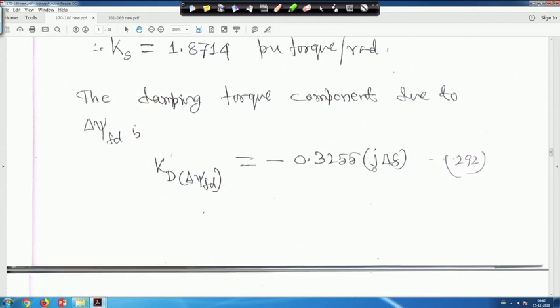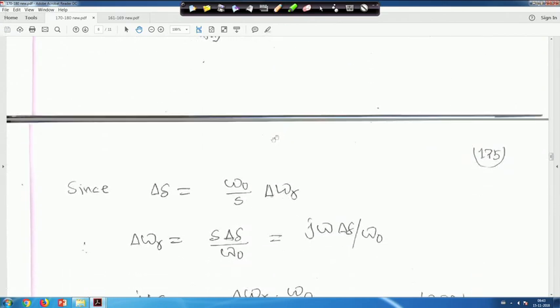Next we come to the meaning of this: it is actually 90 degrees out of phase because of j delta delta. If you go back to the block diagram, figure 30 or a previous figure, now you will know why it is called in phase. Delta delta is equal to omega 0 by s into delta omega; go to figure 30 and see this.